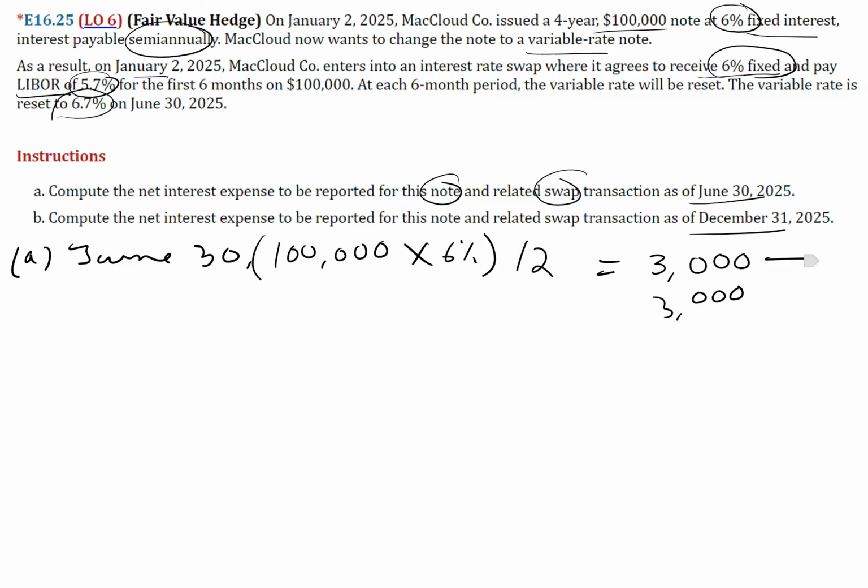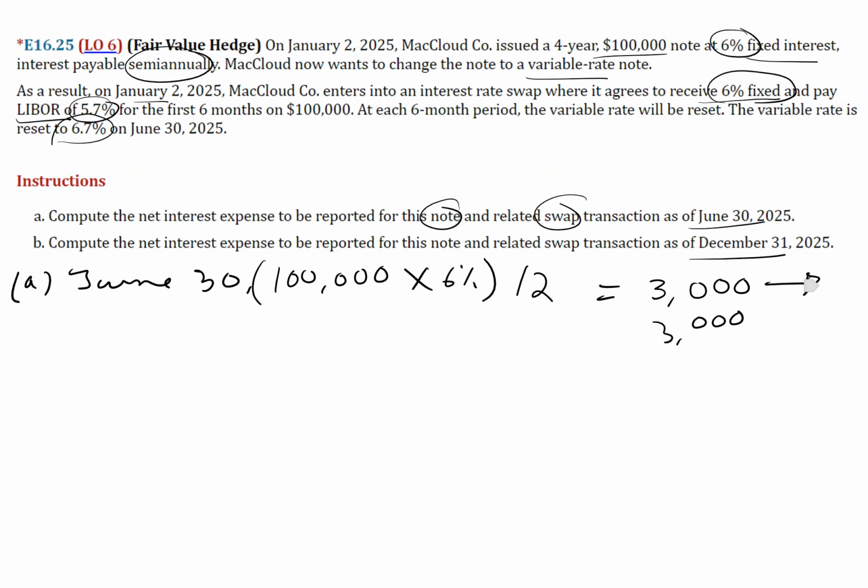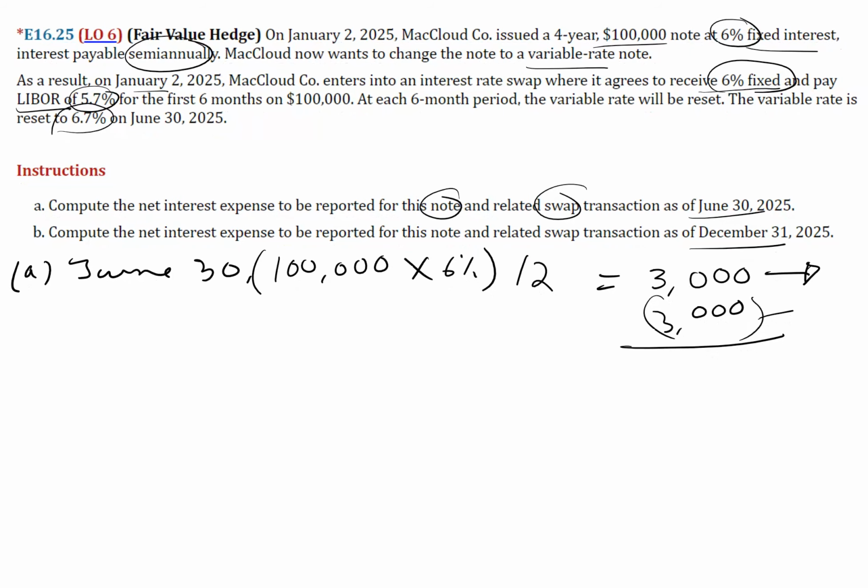This is what he's paying as interest expense. He is also receiving this interest. So these are canceling out. So ultimately here, this fixed rate canceled out. There is no interest expense here. But on the other hand, he will be paying at LIBOR rate.